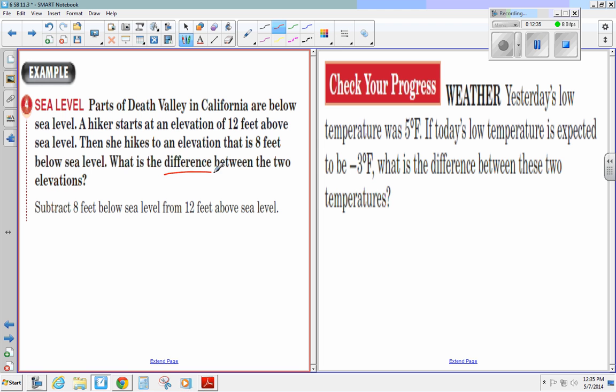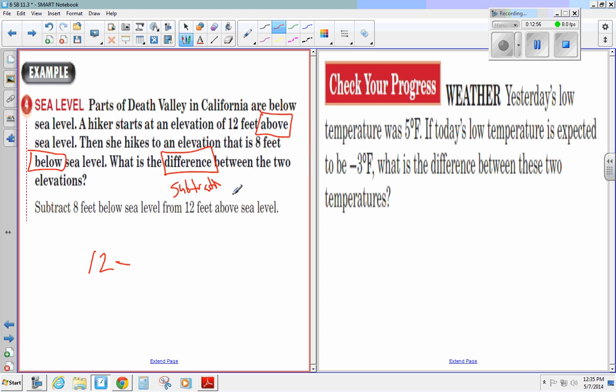Okay. Difference means subtraction. So we're going to take the first number and we're going to subtract the next number. And we have to think about this. Above sea level and below sea level.